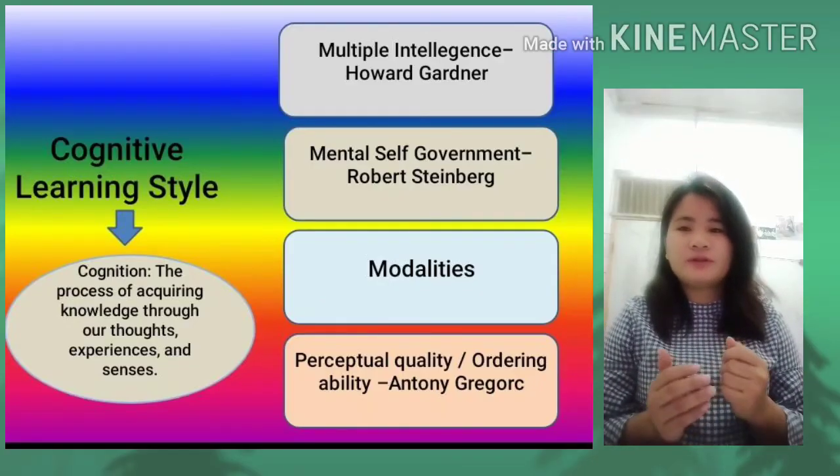Starting with cognitive learning style. As we know, cognitive learning is a method in which our brain creates connections in order to understand knowledge.